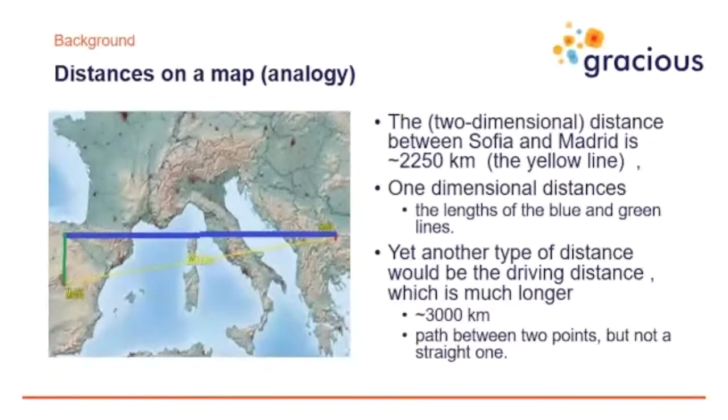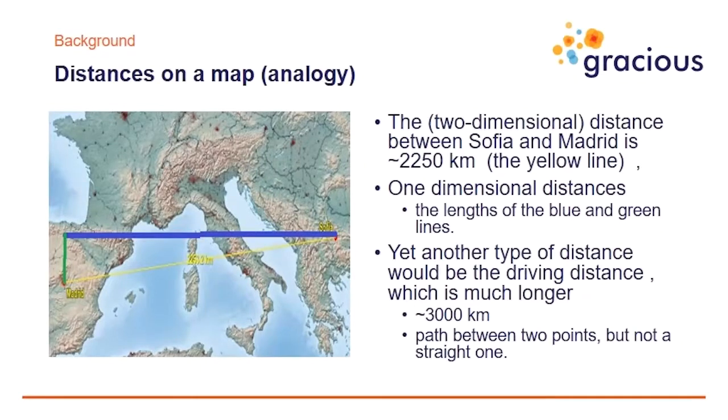Let's have a look at a familiar definition of distance on a map. The distance between Sofia and Madrid on a straight line, the yellow line on the picture, is 2,250 kilometers. This could be considered a two-dimensional distance. Its length can be calculated using the length of the blue and the green lines by the Pythagorean theorem, of course if you assume the Earth is flat between these two points. The lengths of the green and the blue lines are one-dimensional distances.